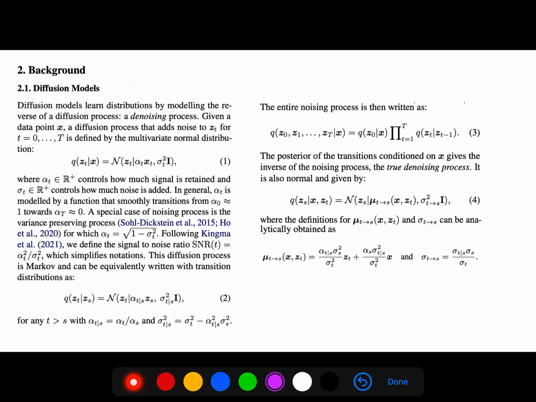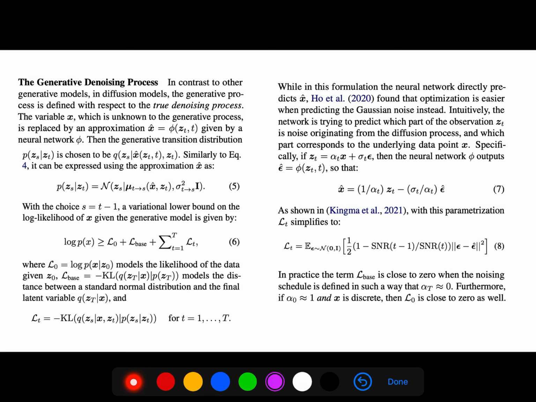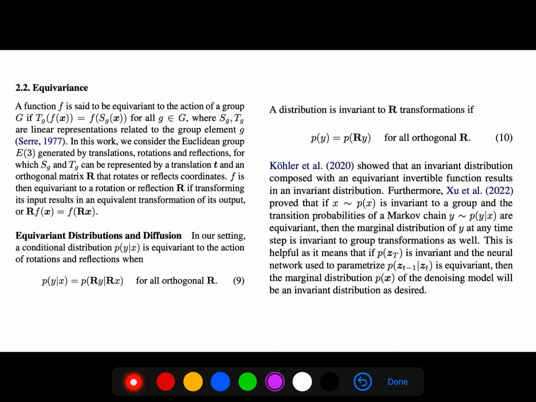And so this is just the background that you are familiar with. And this is the loss that they have used, which is pretty standard. Everything is standard.